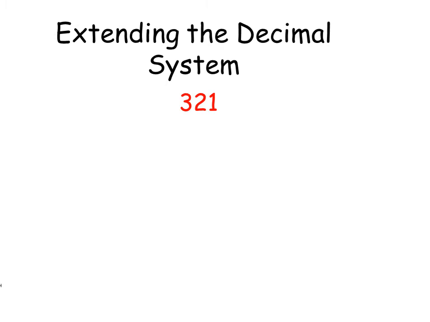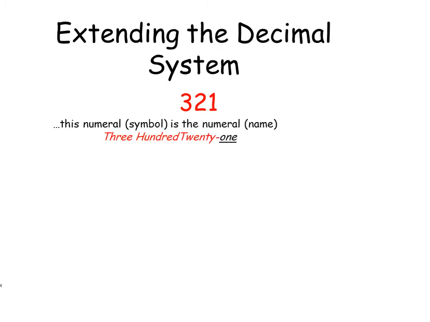In this case, the numeral 321 in base 10 represents 321. In base 10 material, we identify which material would be 1 unit. If that's 1 unit, then that would be 10, because it would be 10 groups of that unit.